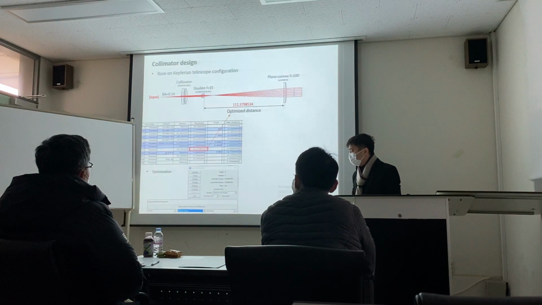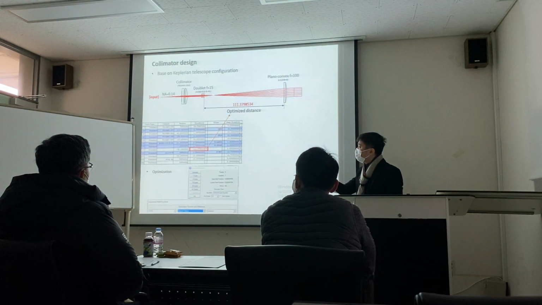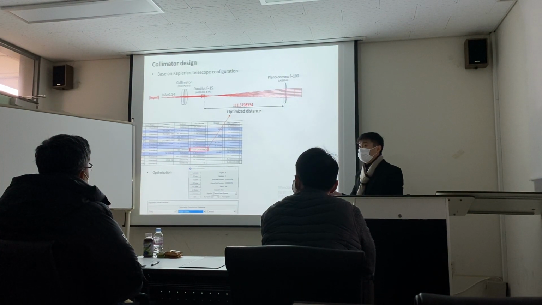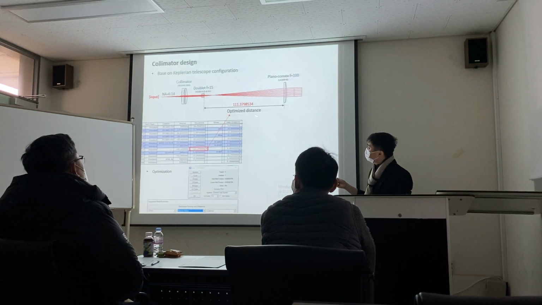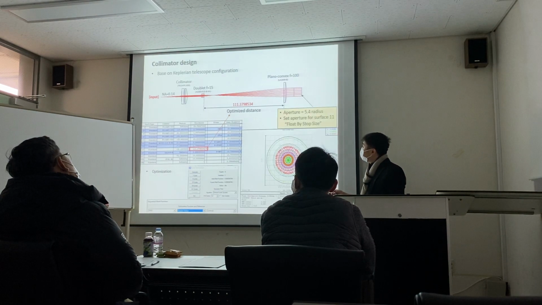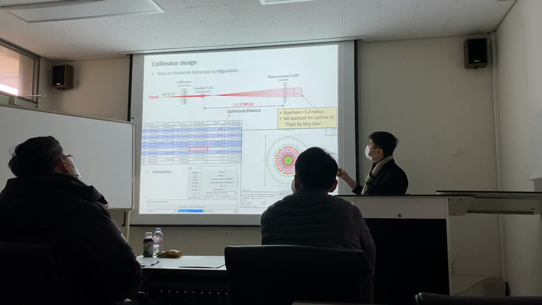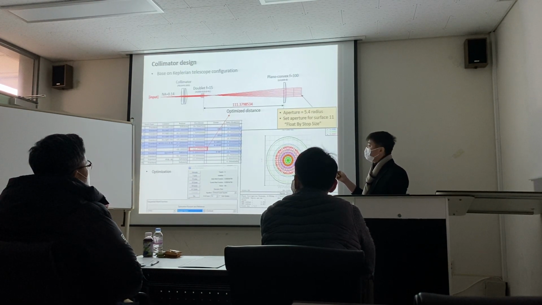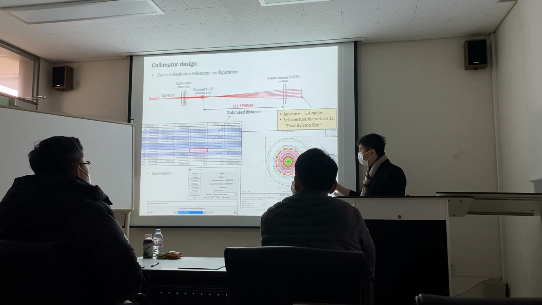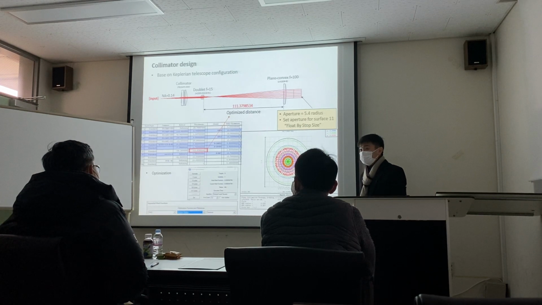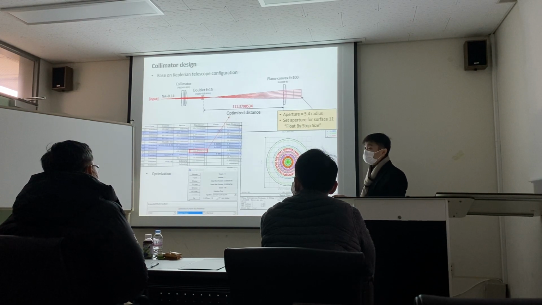We set the angular radius for this point, set this value as the variable, and get the optimized distance. How can I know that value is good? I limit the aperture in the output to a 5.4 radius and set the float by stop size. All of the spot light is contained inside the radius, which means this collimator design is very good.